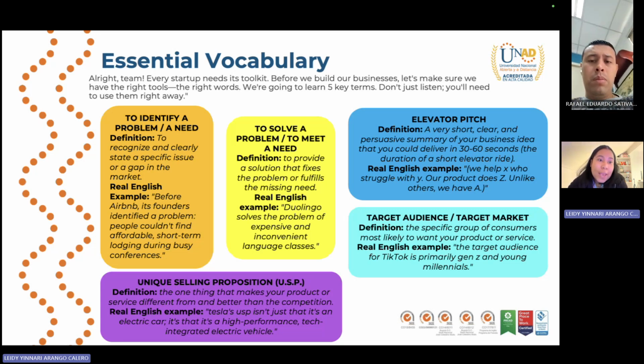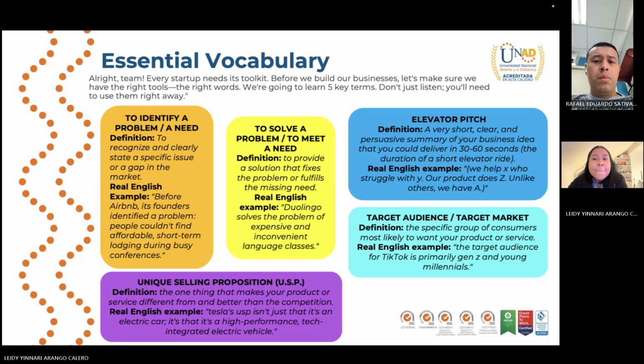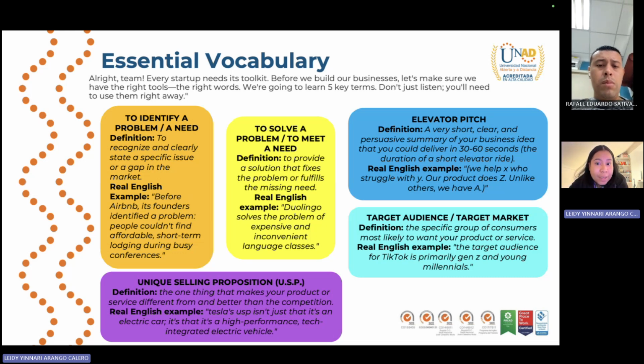Unlike others, let's say HBO Max, for example. It's just a simple example. In a really short time, you are explaining a problem, a solution, and maybe other options.